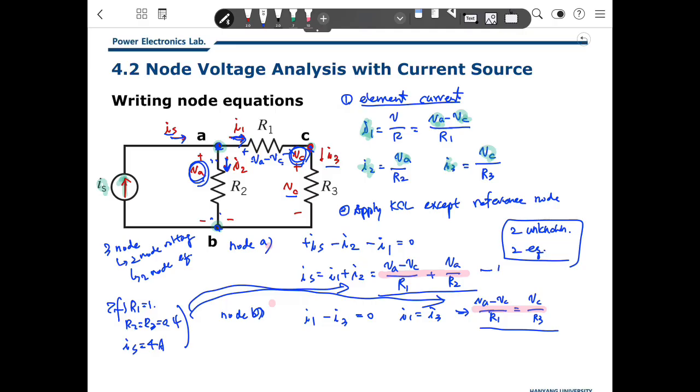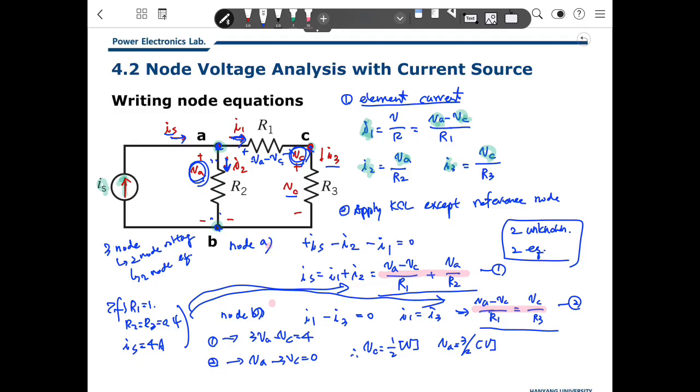From equation 1 we get 3VA minus 3VC equal 4, and from 2 we get VA minus 3VC equal to 0. Based on that, VC is 1/2 volt and VA is 3/2 volt.